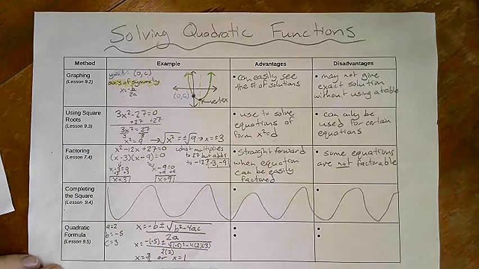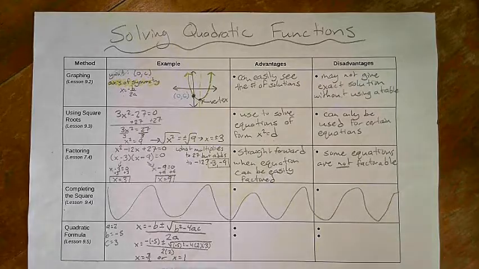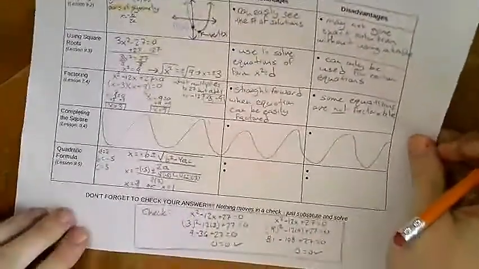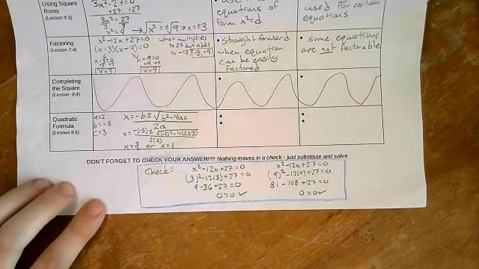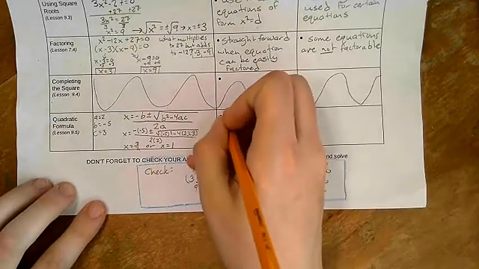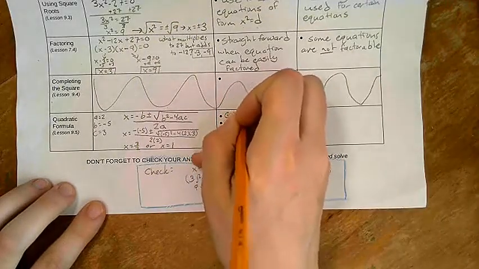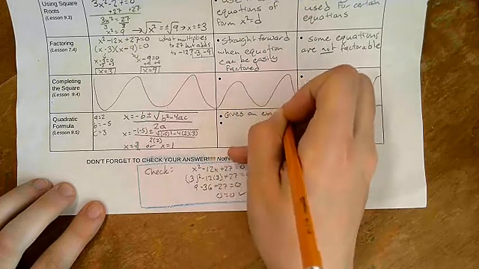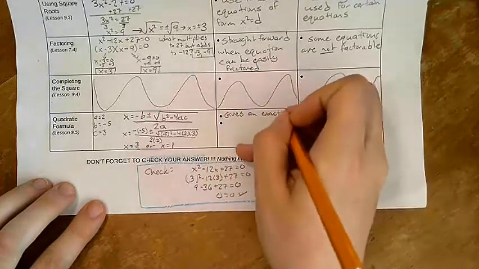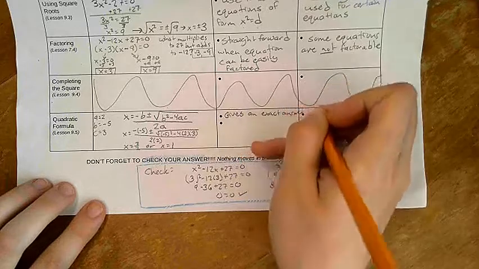The next one we're going to talk about is the most recent one we have learned, and that is the quadratic formula. There are 2 advantages and 2 disadvantages to this one. The nice thing is that the quadratic formula gives an exact answer, or answers.